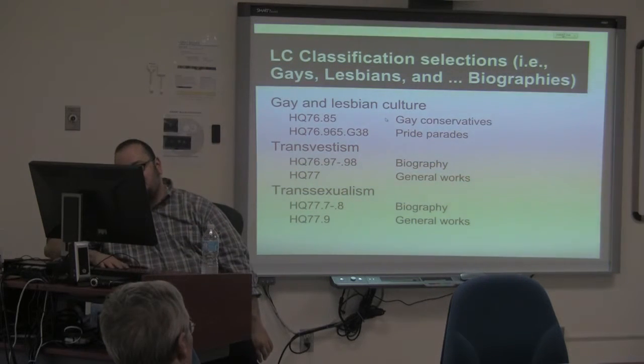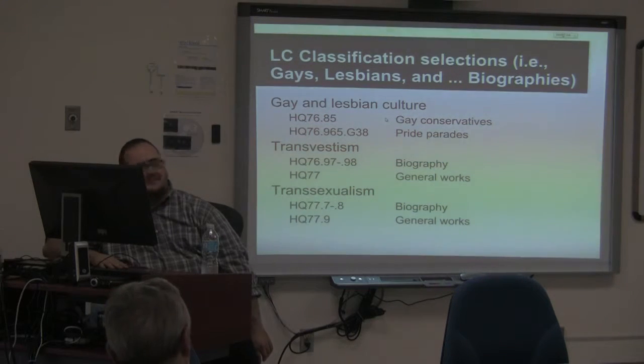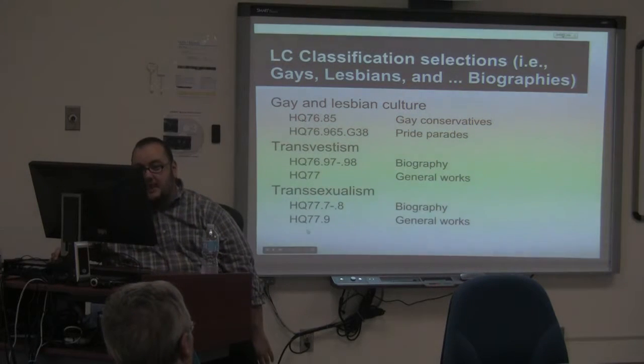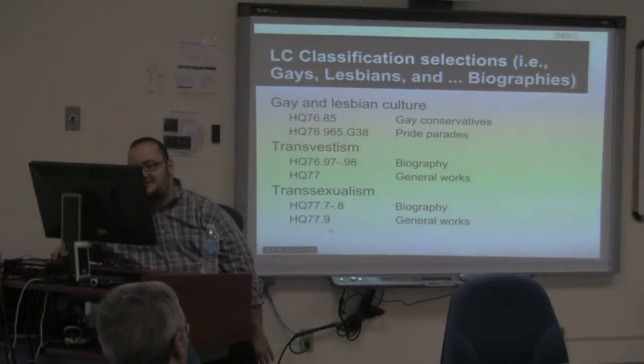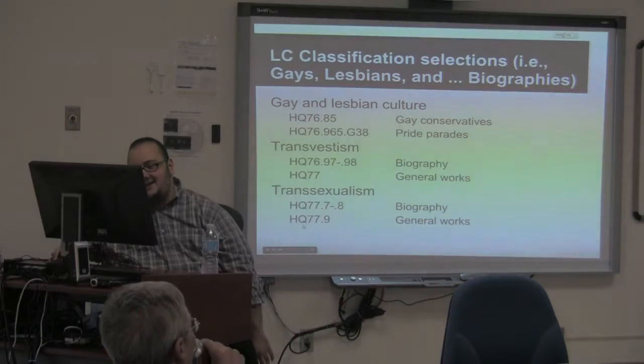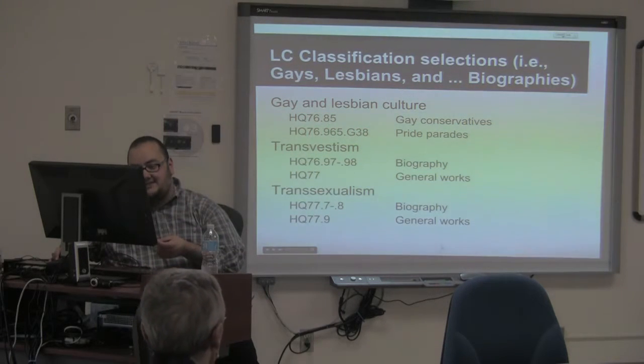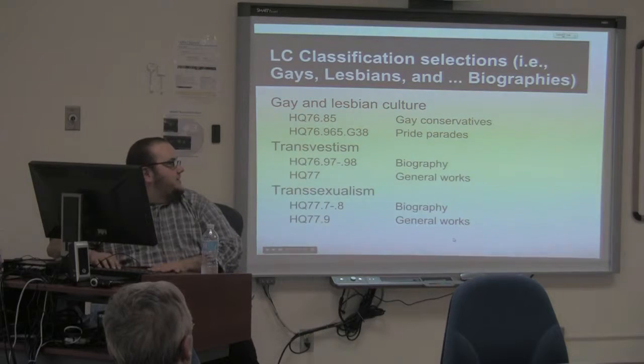And this is what you get when you talk about cross-dressers and transsexuals. You get biography, collective or individual, and you get that catch-all phrase, general works. I was looking at this last night and I was kind of excited to discover that HQ 77.965 is now specifically mentioned in the LC classification documentation, and that is where you class works about transphobia.